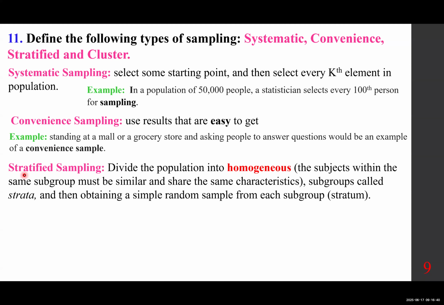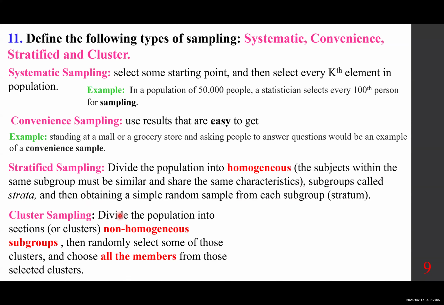Stratified sampling. Divide the population into homogeneous subgroups called strata. The subjects within the same subgroup must be similar and share the same characteristics. Then obtain a simple random sample from each subgroup, called strata.